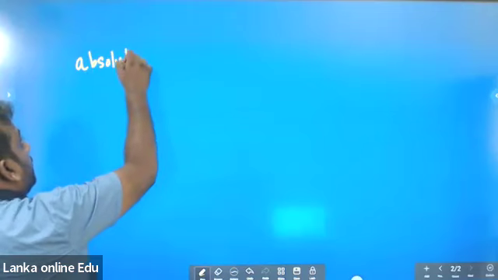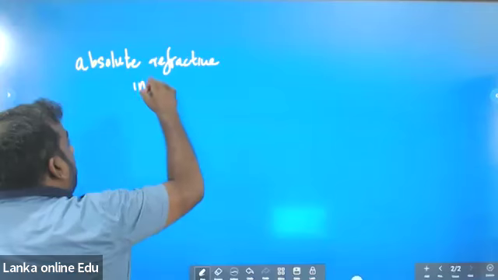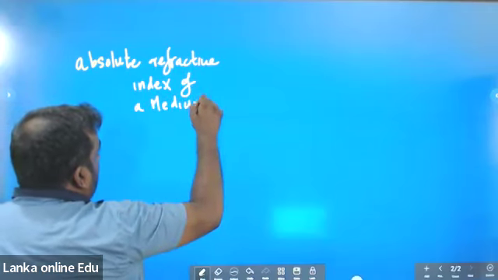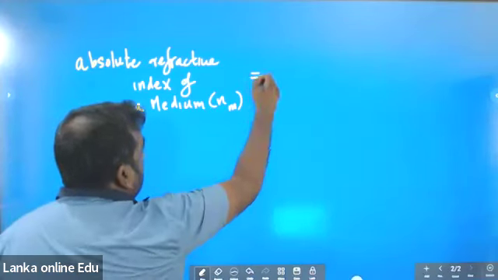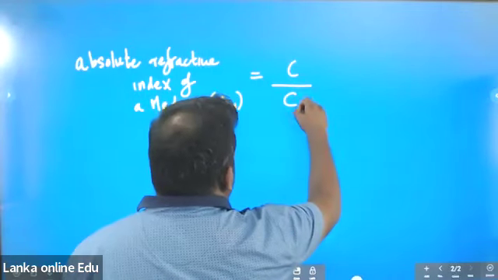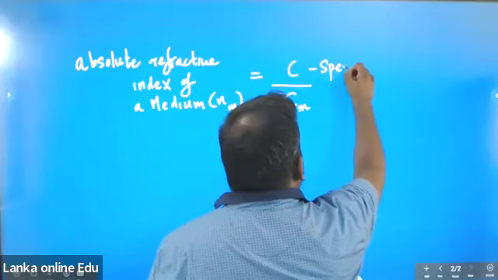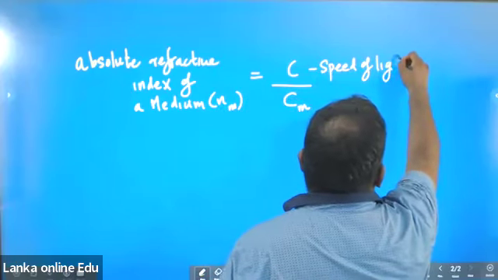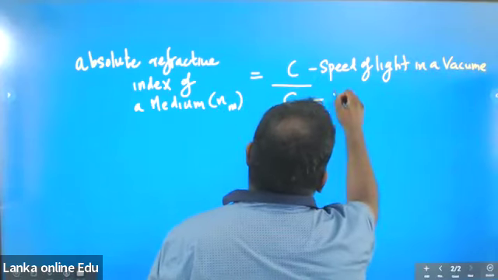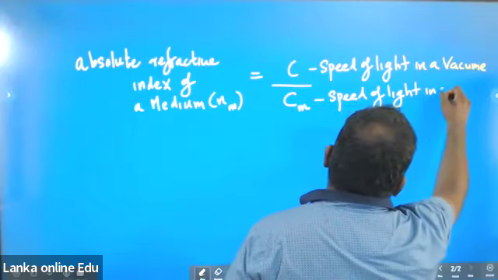Absolute refractive index of a medium is the speed of light in a vacuum divided by the speed of light in a medium.